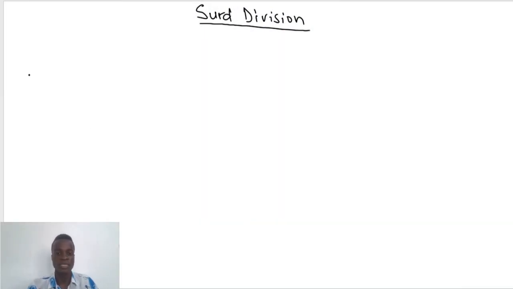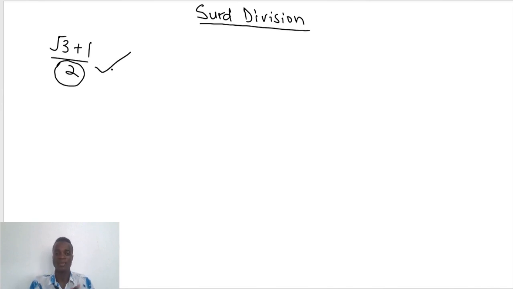So let's look at this example. If you're having root 3 plus 1 all over 2, for this particular one, we are not going to do any surd division here. Why? Because the denominator, which is 2, is already a rational number. So the denominator is free, there's no surd there.